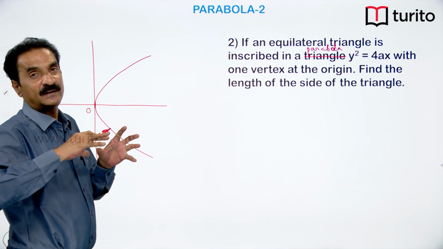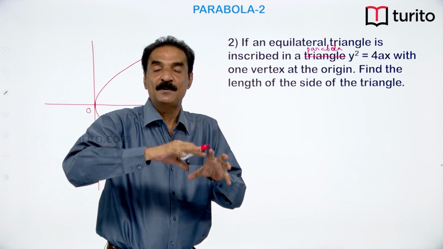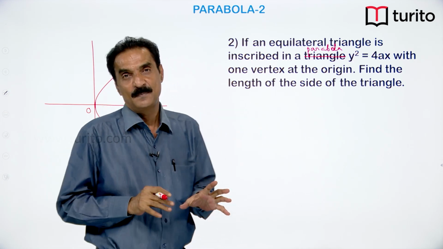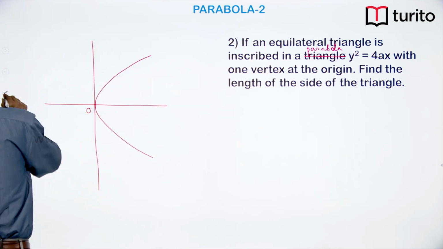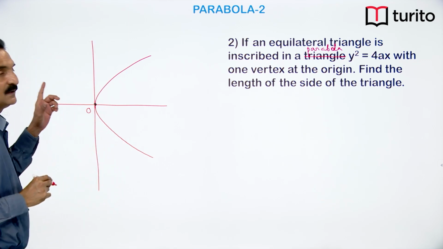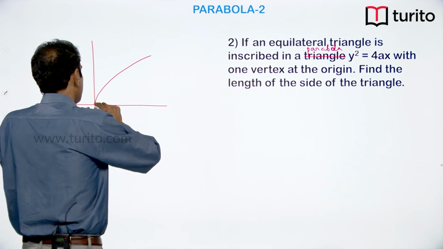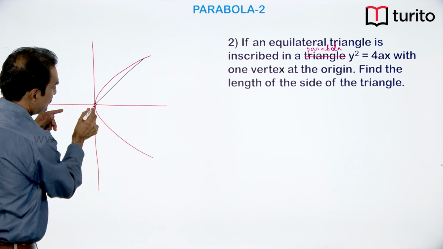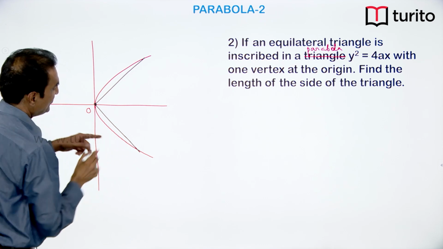Inscribing a triangle in a parabola means we have to take all three vertices on the parabola. One vertex is fixed at origin. This is one vertex. Now, if you take one more vertex here, you will get another vertex here.